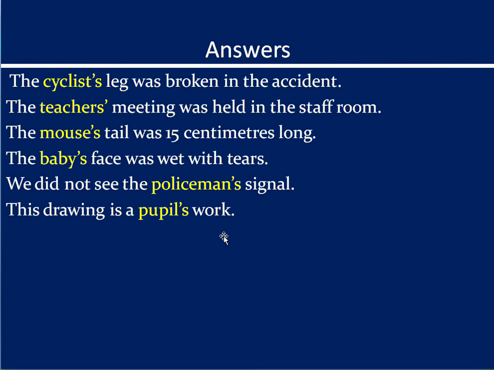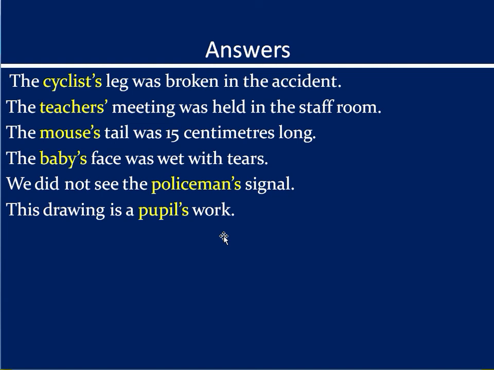So here are the answers. The cyclist's leg was broken in the accident. Here we have added apostrophe s at the end, as the noun is not ending with s. It is a singular noun. Number 2, the answer was plural, so we have only added the apostrophe, not s. The teachers' meeting was held in the staff room.